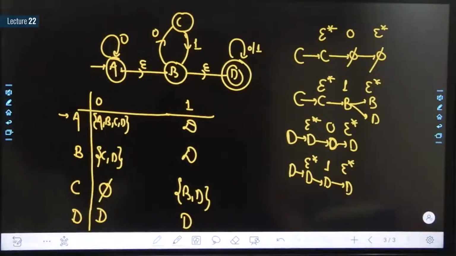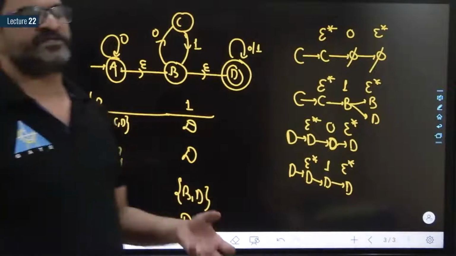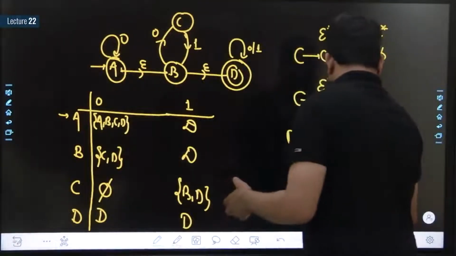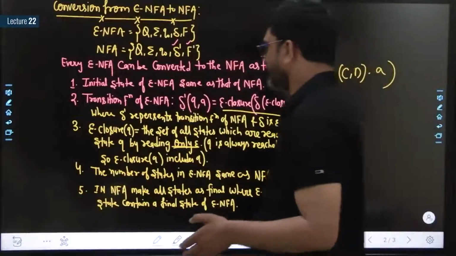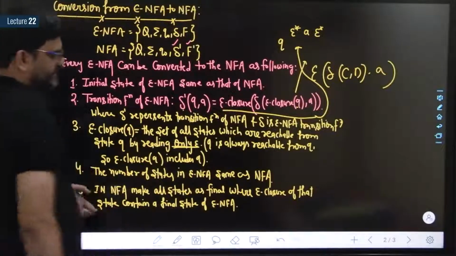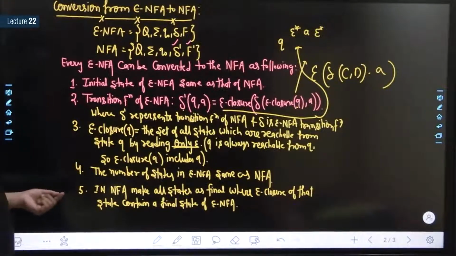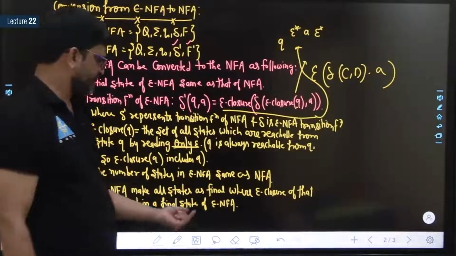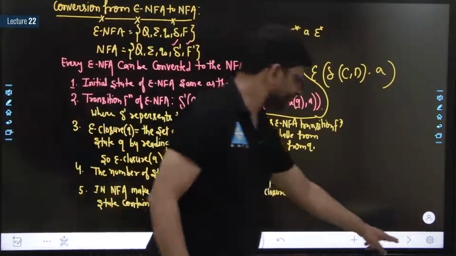And now find out which states are final. Please see this point. In the NFA, make a state final where the epsilon closure of that state contains a final state.